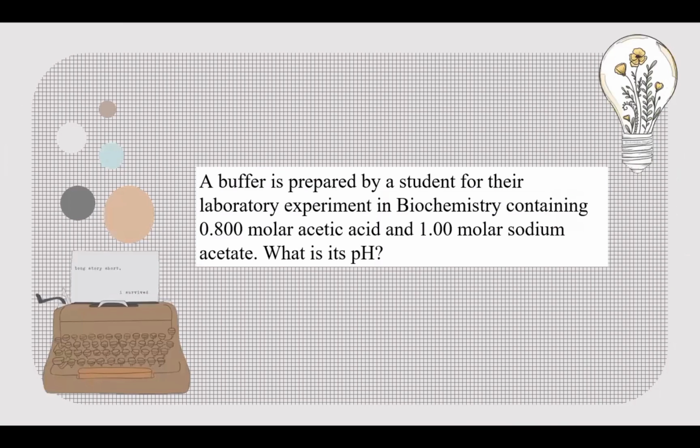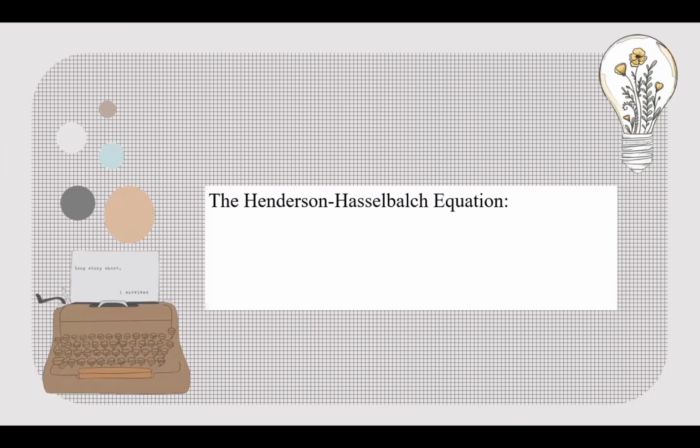Problem 4. A buffer is prepared by a student for their laboratory experiment in biochemistry containing 0.8 molar acetic acid and 1.0 molar sodium acetate. What is its pH?